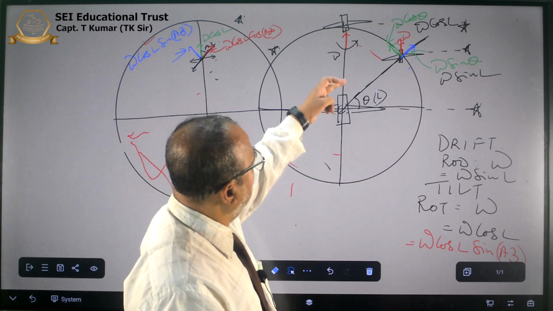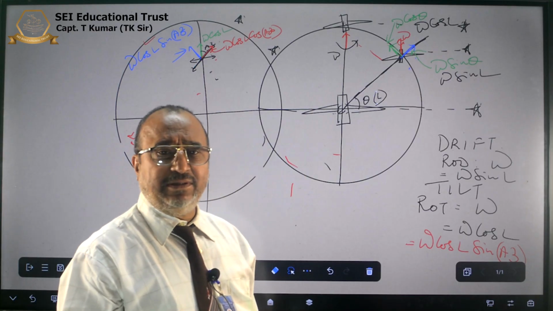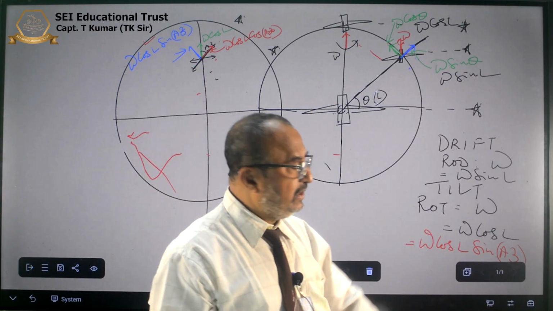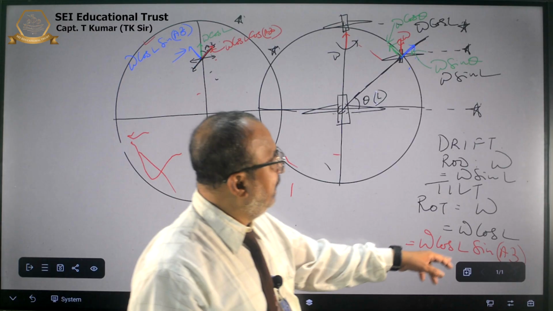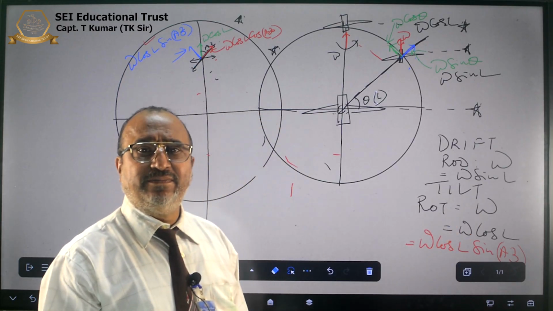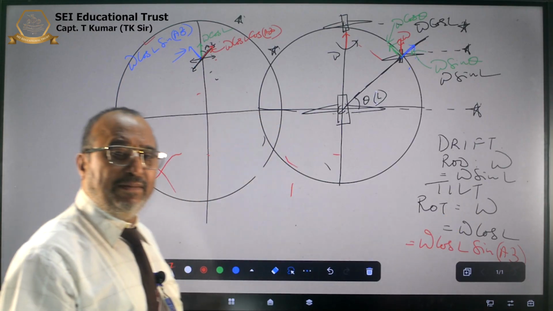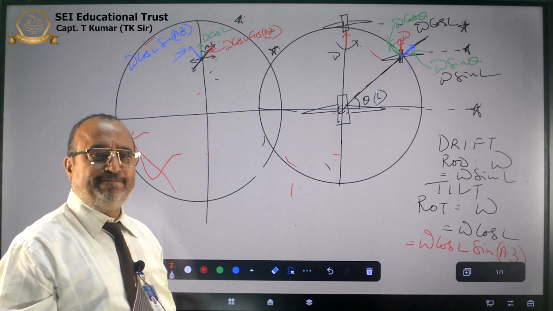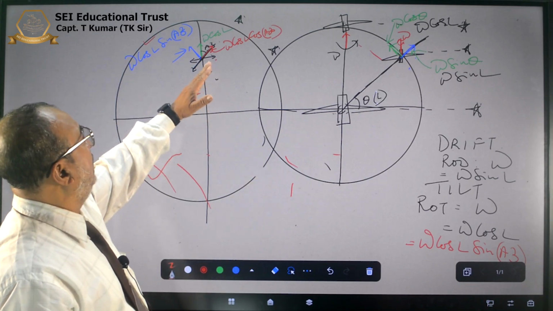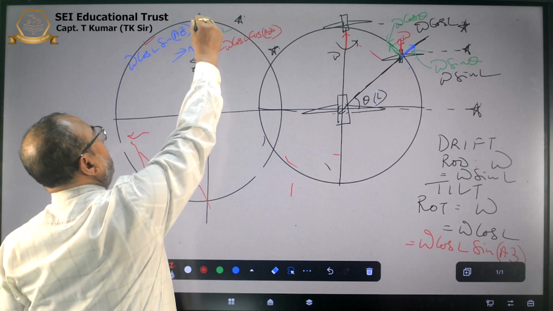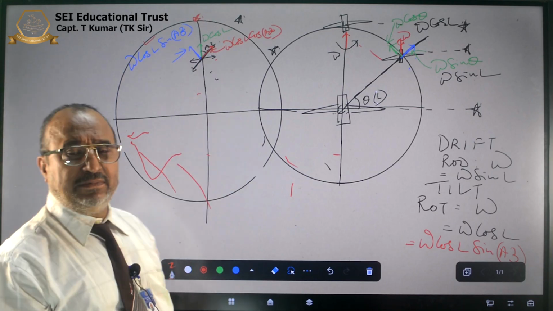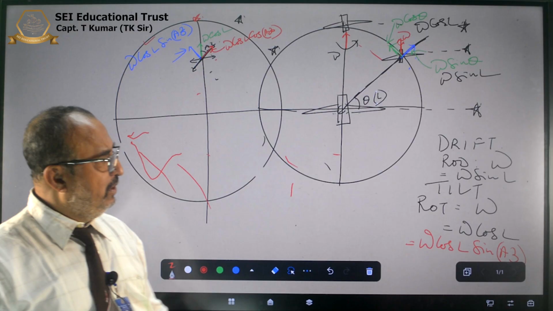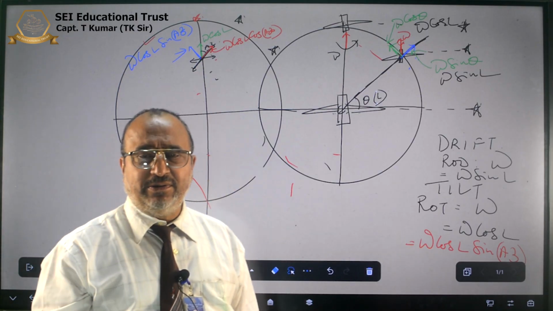Now the azimuth of the star is how much? 90 degree, sin 90 degree is 1. So it became omega, isn't it? Now suppose the star is somewhere here, then azimuth becomes 0. So rate of tilt also becomes 0.